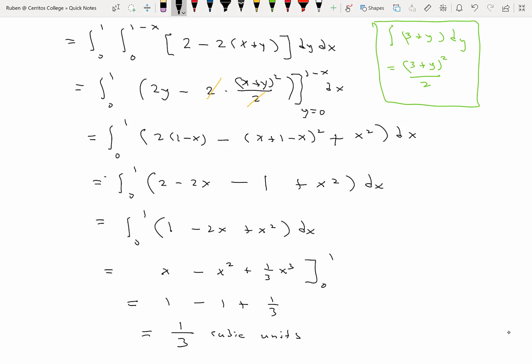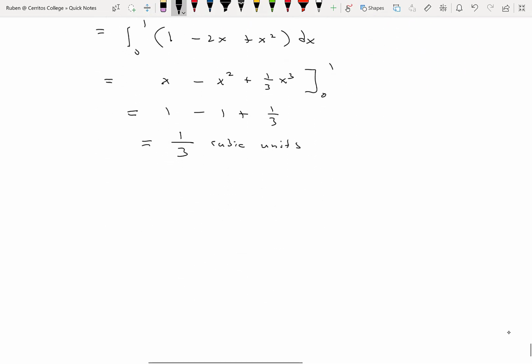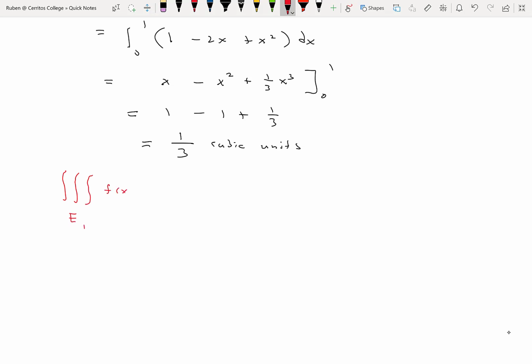Okay. So something to notice about the type 1 case before we look at types 2 and 3. I want to notice what happens with a typical type 1 case.